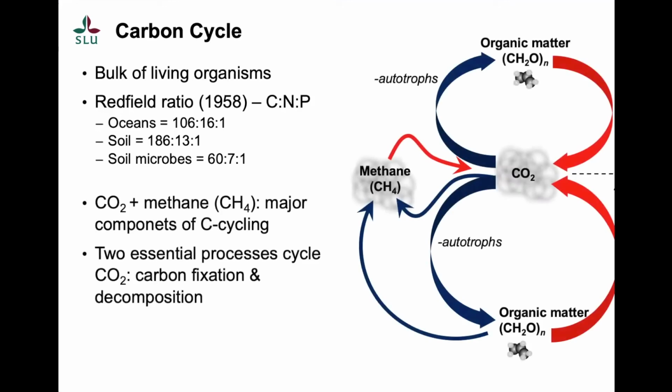But in carbon cycling, the best way to put it is you can really break it down. You have two gaseous forms of carbon: carbon dioxide and methane, right? And you have two essential processes that are driving carbon cycling: carbon fixation and decomposition. So the primary production, where you're taking in carbon dioxide and converting it to large macromolecules, is being done by photosynthesizers.